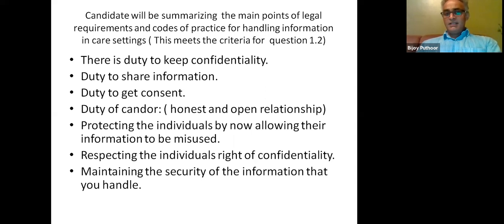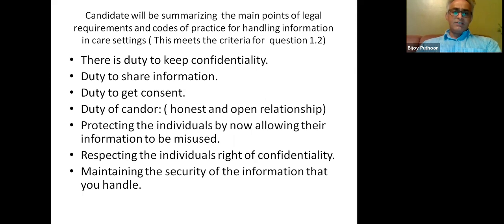What is confidentiality? Confidentiality means keeping things in private. In health and social care, you may be receiving a lot of information about a person, their previous history, their likes, dislikes, mental health issues, physical health issues, and a lot of other things, so that you are able to provide them with good care and support.